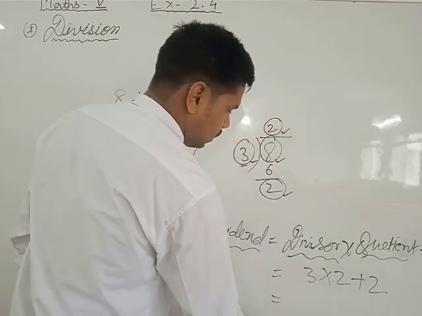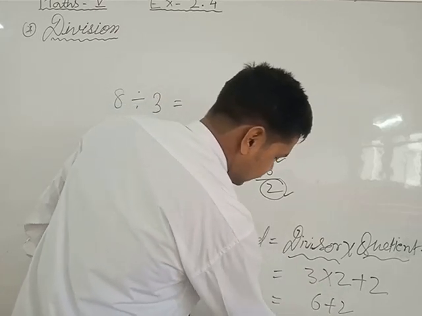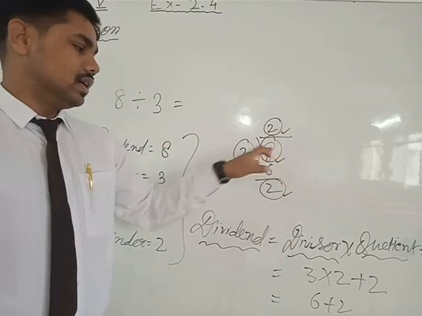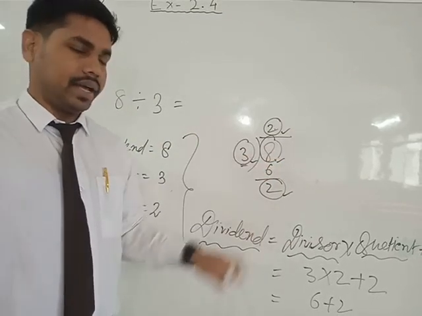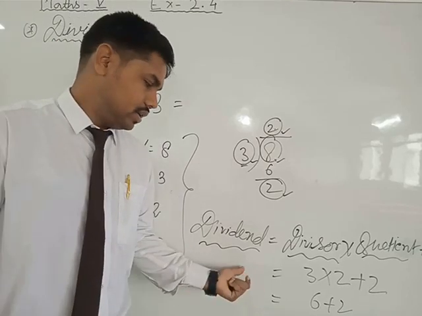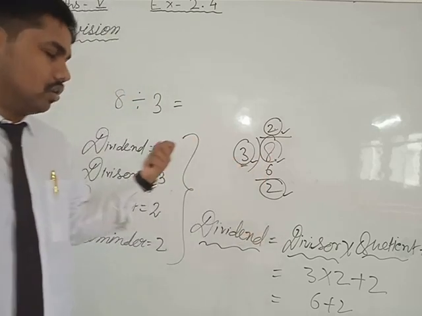Here 3 twos are 6, plus 2, that is 8. This is the dividend here. So this is how you can verify whether your division is correct or not, or find the other term.